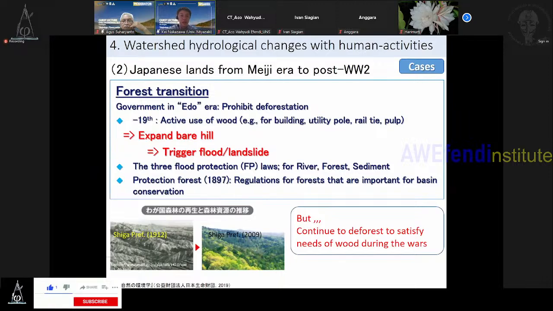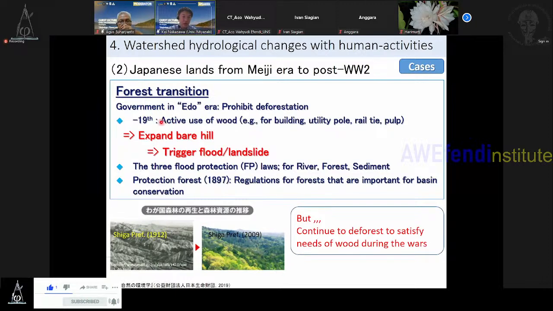So this is a case of Japan from around 150 years ago to the present, focusing on the forest and the river. So first of all, forest transition in the past of Japan.